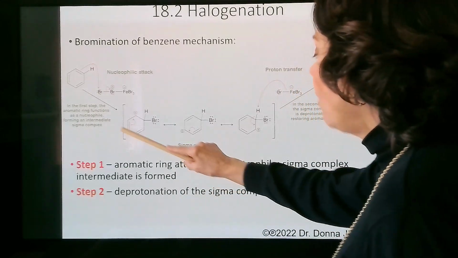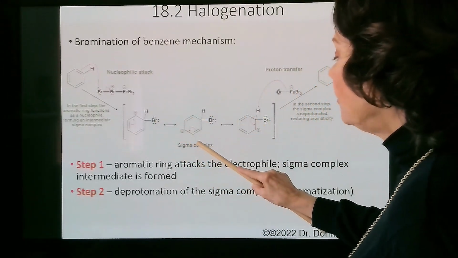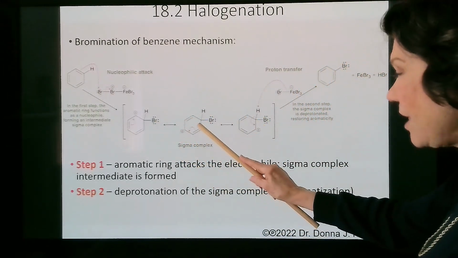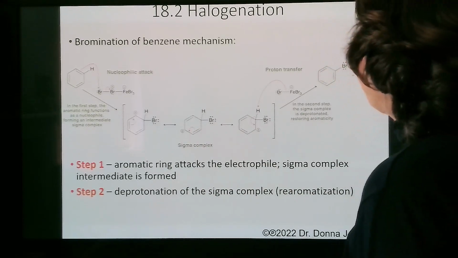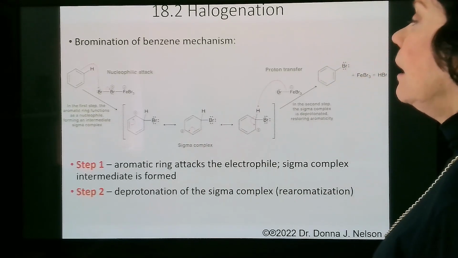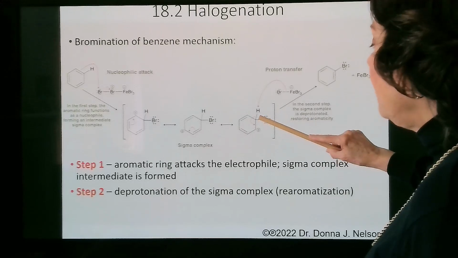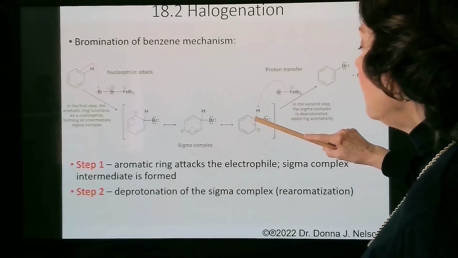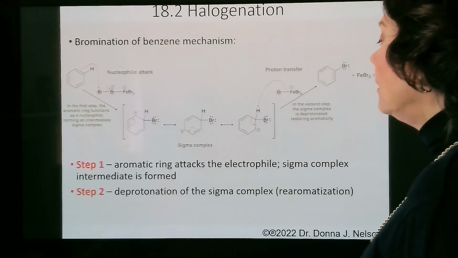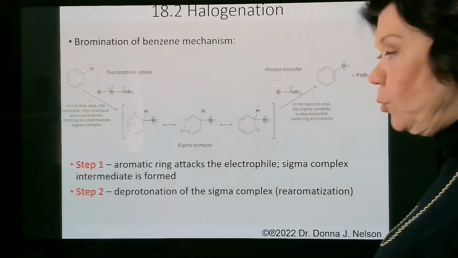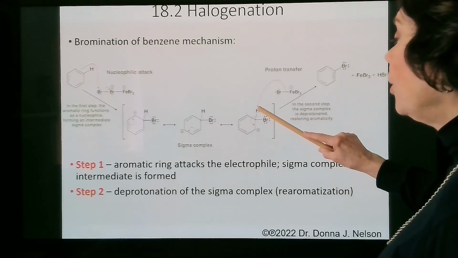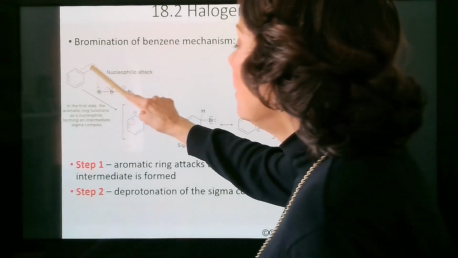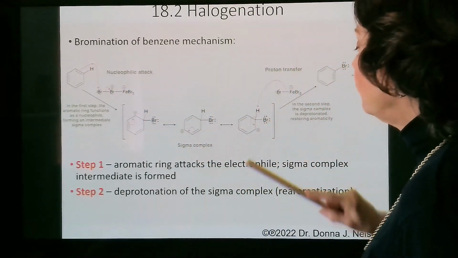As you see, the whole thing is called a sigma complex, not just that one resonance structure. And so now you can see that one of these carbons is bearing 2 substituents. It's bearing the new functional group, and it's bearing the same hydrogen that it was bearing originally.